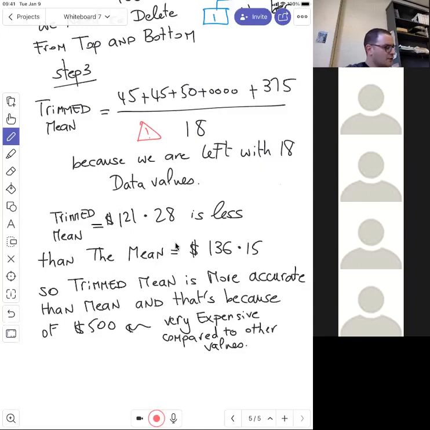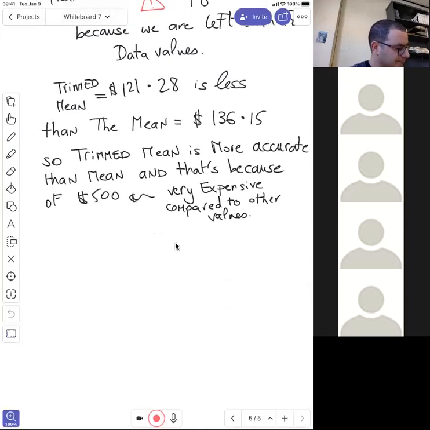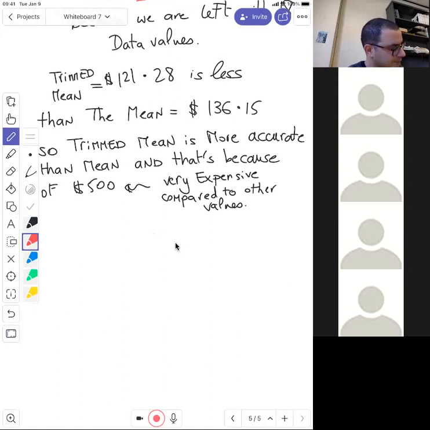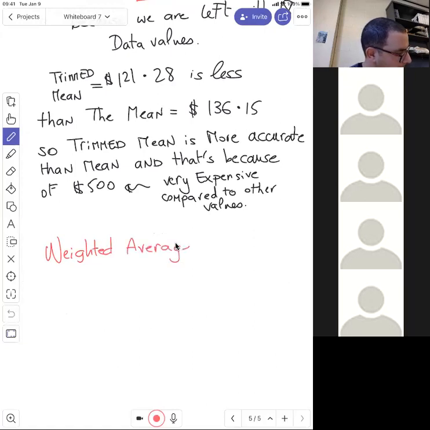All right, so now let's finish with the last average. This is a very common average, the weighted average. Actually, that's what I use, for example, to compute your final grade in this class.